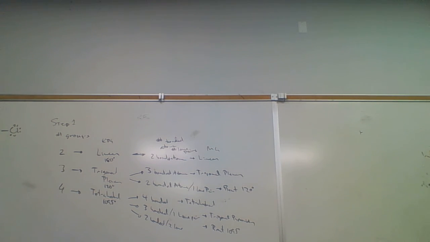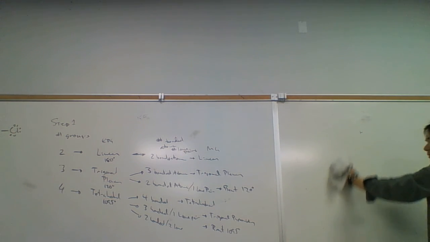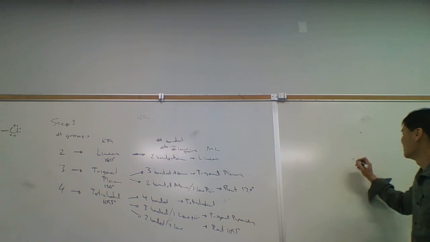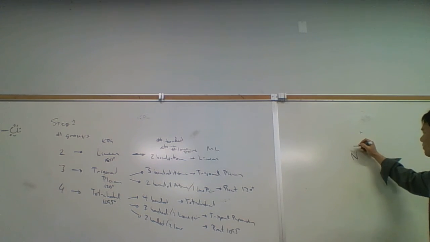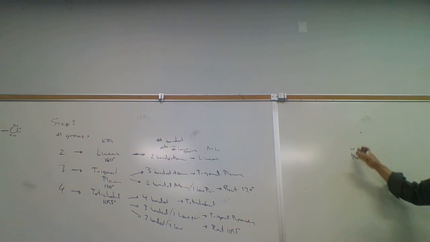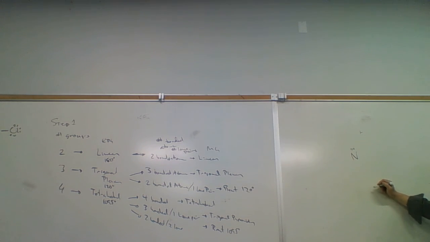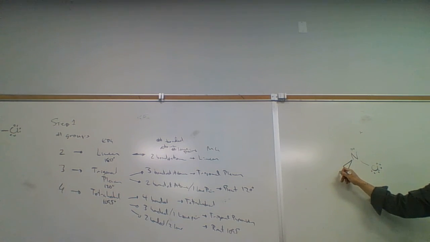Now, with trigonal pyramidal, I like to draw trigonal pyramidals the same way. This is what I like to do: I put the lone pair in the plane of the page. And then how do I draw the bonds? One single bond to the side here in the plane, and then first I'll draw the wedge, good.